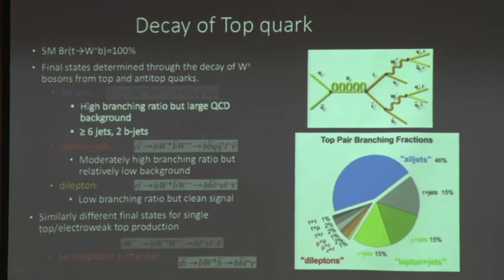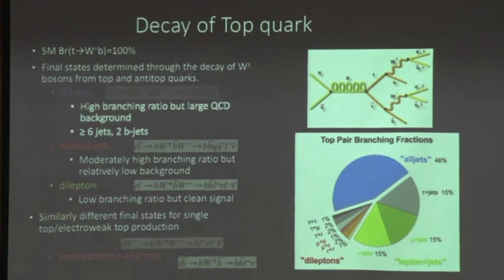But then the W can decay subsequently in different ways, and that gives different final states. For example, dilepton, meaning the final state will have two charged leptons. That's what is called dilepton. Similarly, lepton plus jets means it has one lepton. And jets is what?